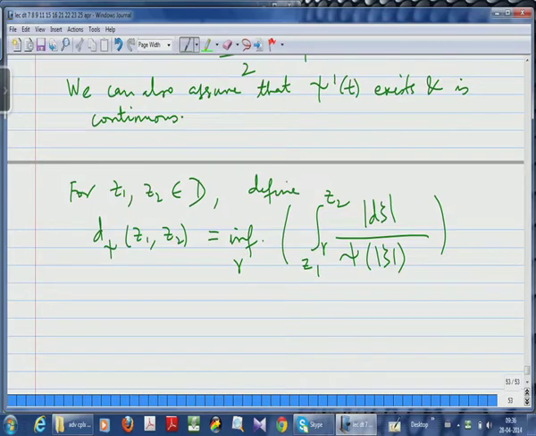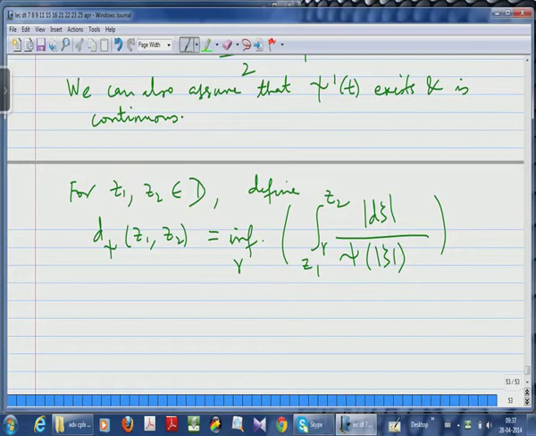Then the point is that this d sub psi, the way I have written it, gives a metric on the Riemann sphere, or you can think of it as a metric on D, identified with its image in the Riemann sphere.